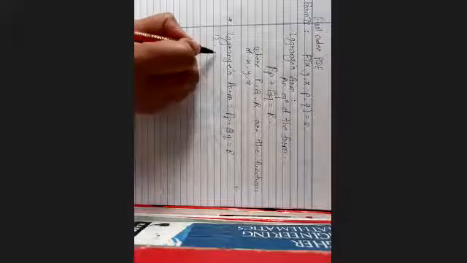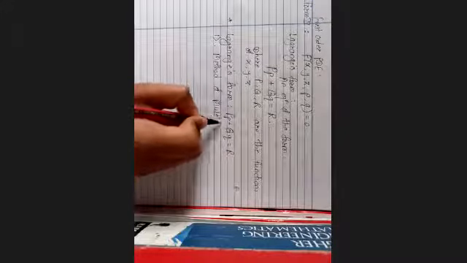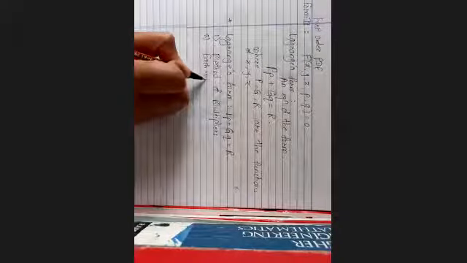So the method of solving, there are two methods. The first method is called method of multipliers, and the second is each ratio. I'll tell you what it is. Okay, so these two methods are there.